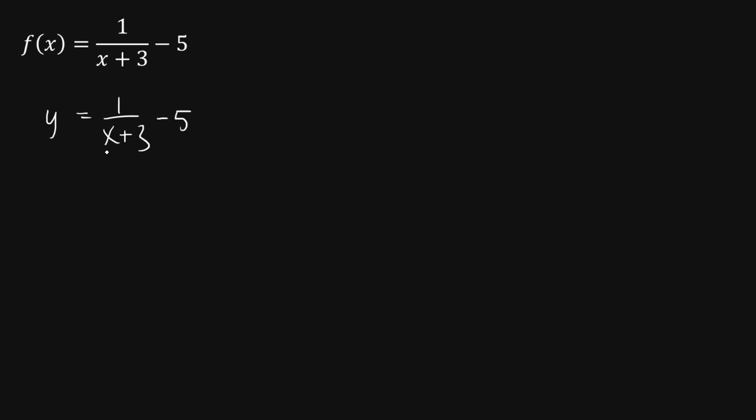And then I interchange the x and y and solve for y. Then I get x equals 1 over y plus 3 minus 5. I start by moving negative 5. x plus 5 is 1 over y plus 3.